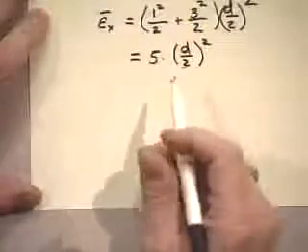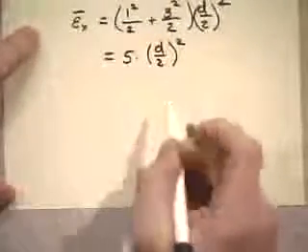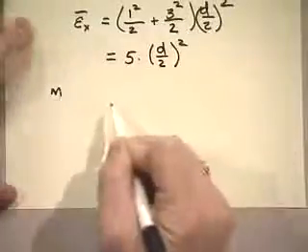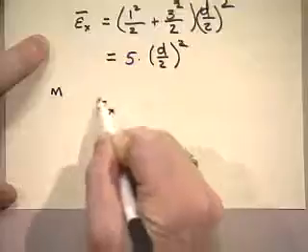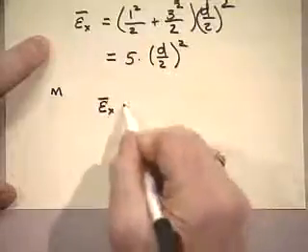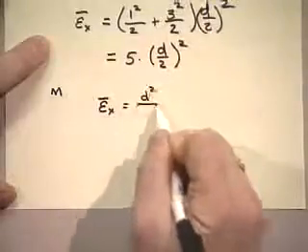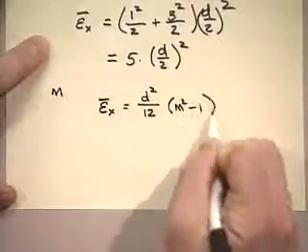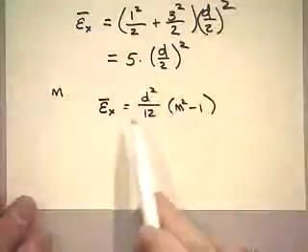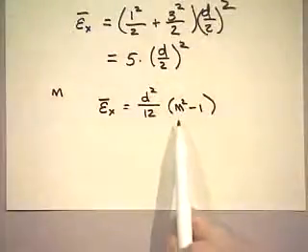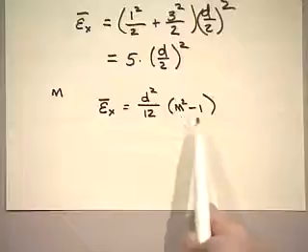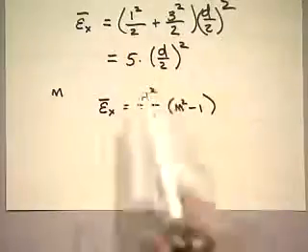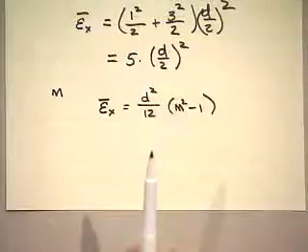I have a derivation of this in the notes. You've got to get into some algebra. But basically, you can relate for a general M that Ex bar, the energy per dimension, works out to be d squared over 12 times M squared minus 1. You can see that works in this case when M was equal to 4. We've got 16 minus 1 is 15. 15 twelfths is the same as this 5 fourths that we have here in that case.